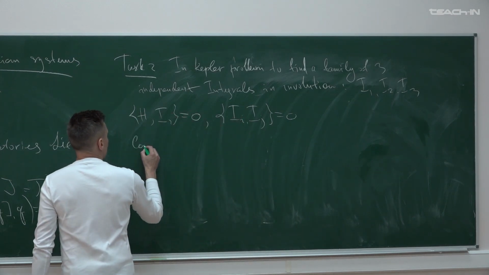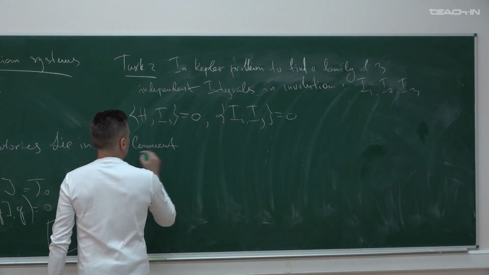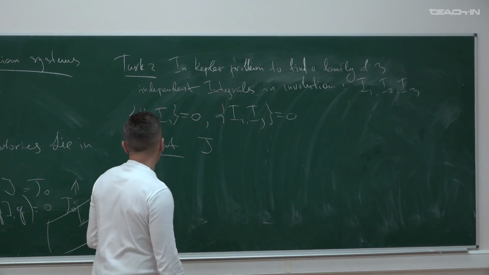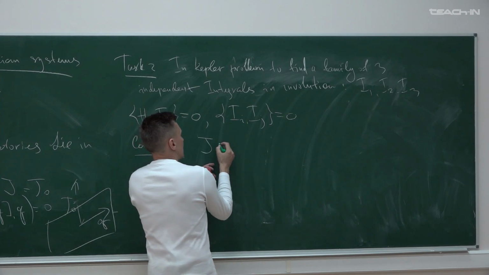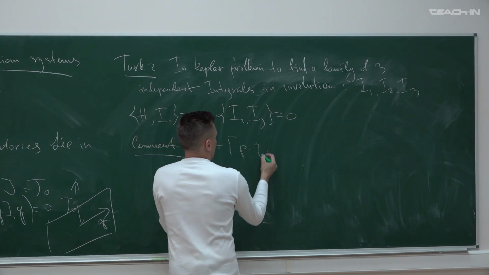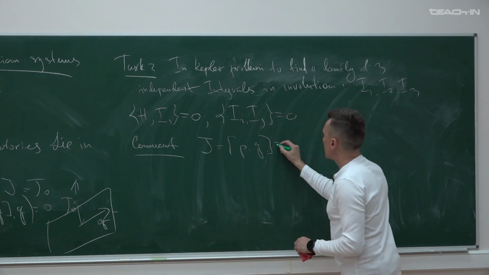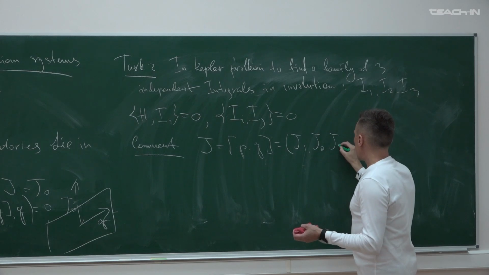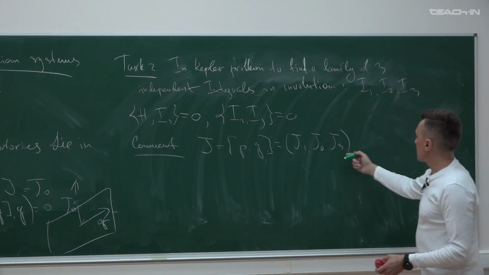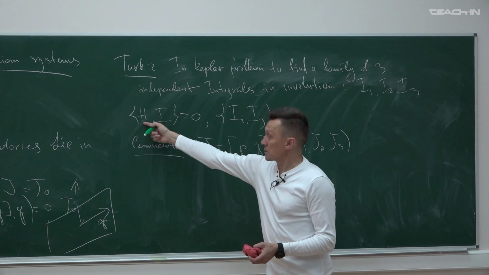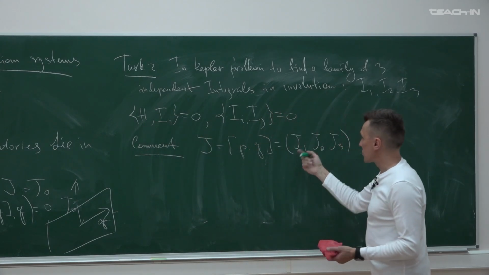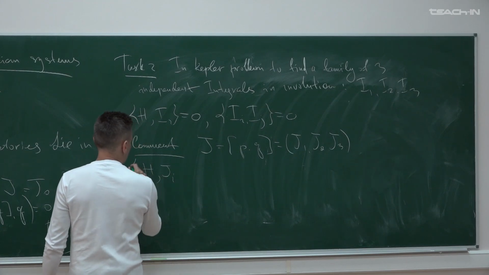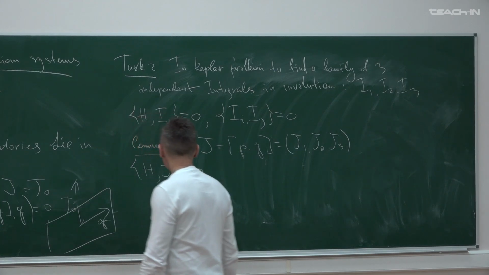A comment to this. So we have found a vector of angular momentum, which is a vector with 3 coordinates, and all of them are integrals. So they Poisson commute with H: the bracket of Ji and H is equal to 0.